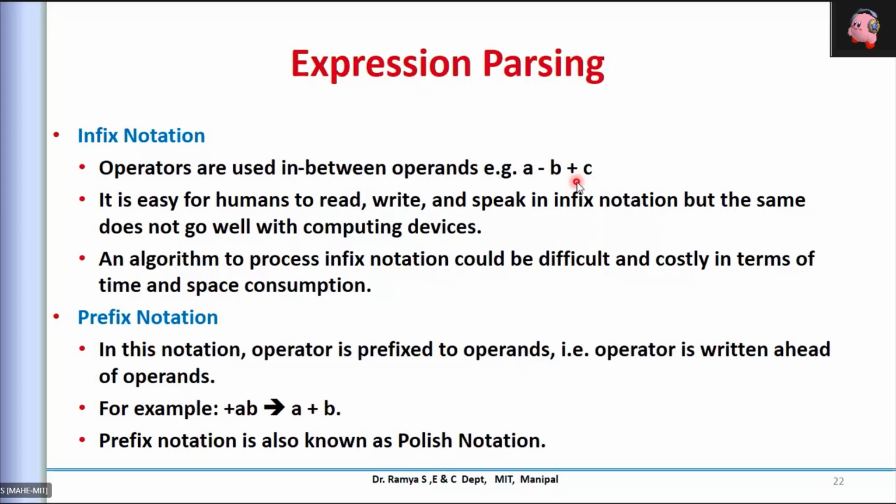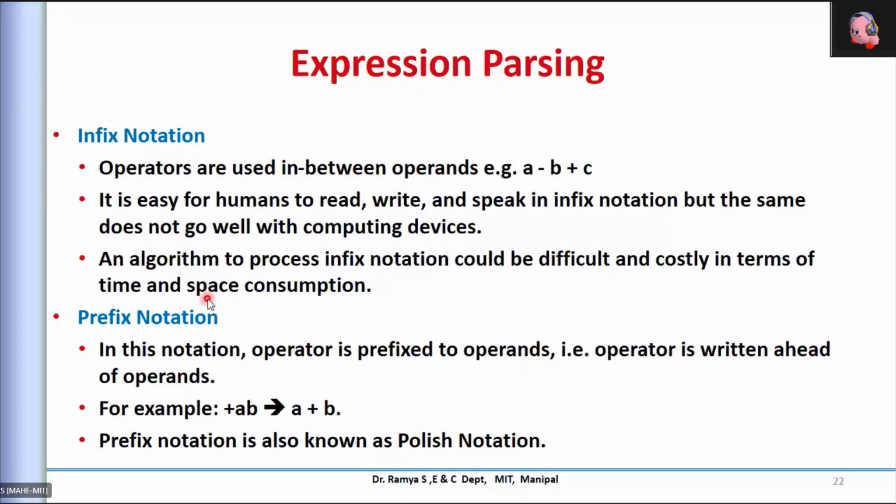So most of what we write in equations, most of the time, not every time, will be infix notation. But that is not suitable for our computing devices. Okay, we require to give a preference, we have to specify what the preference is for that. So we use two other notations, that is nothing but prefix and postfix.